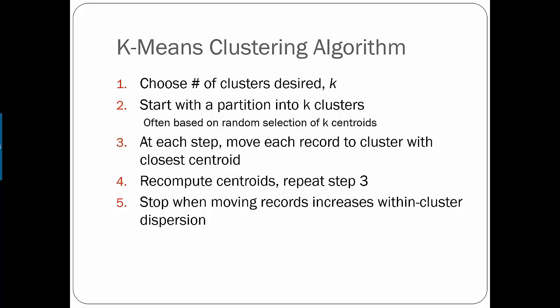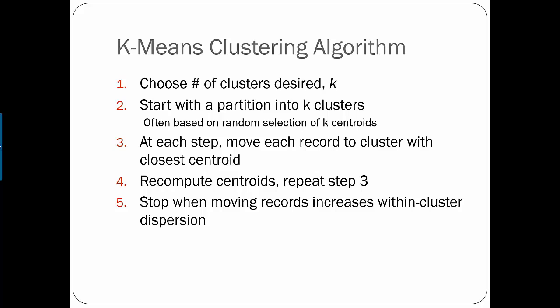And then at each step you will compute the distance between each record in the cluster with all the centroids, and find which centroid it is closest to. So you take an observation, find the distance between itself and the cluster centroid to which it is assigned, and also itself and the centroid of all other clusters.